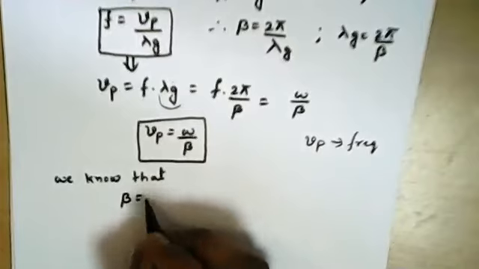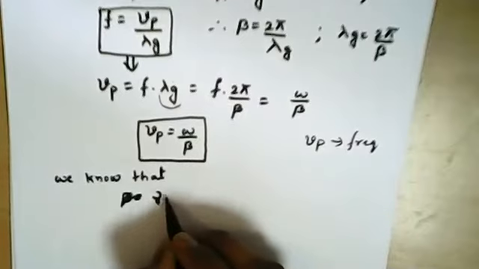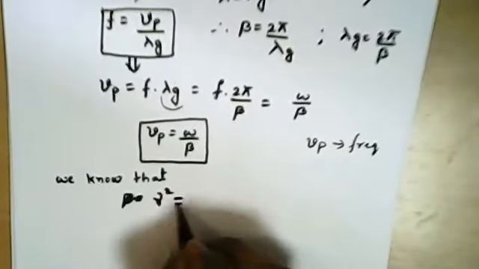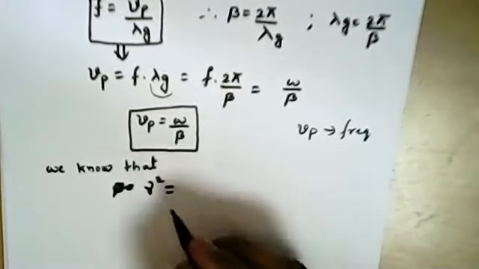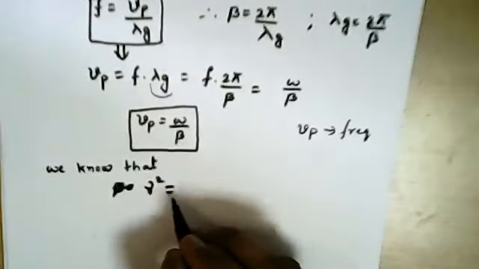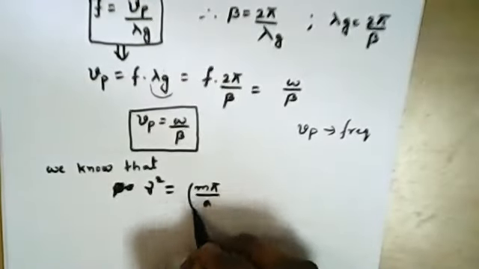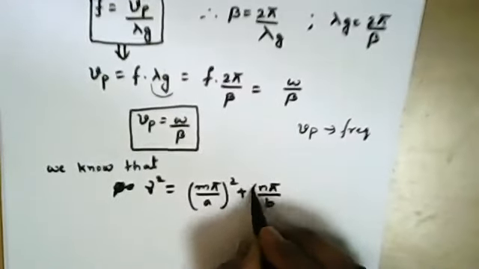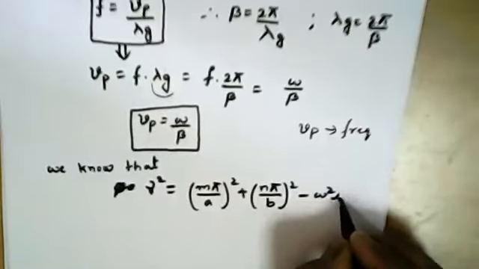Instead of beta, we have taken the propagation constant gamma. We used this equation in the derivation for deriving TE and TM modes, where the propagation constant gamma square is equal to m pi by a whole square plus n pi by b whole square minus omega square mu epsilon.